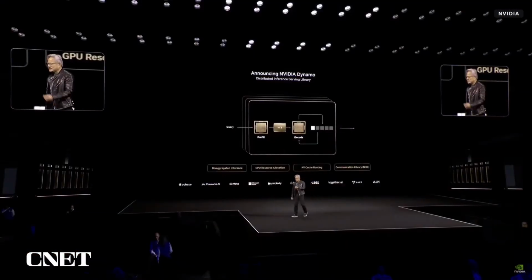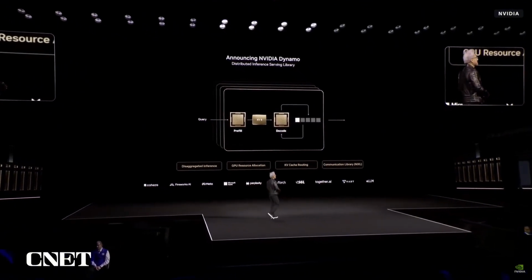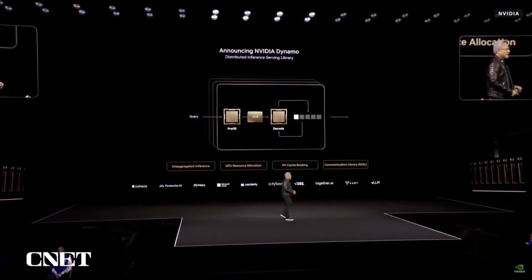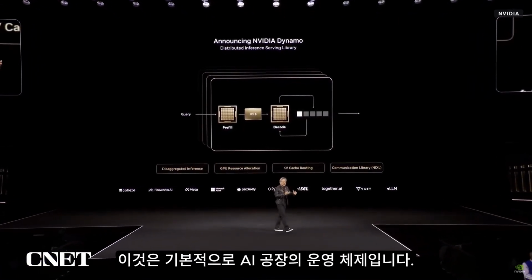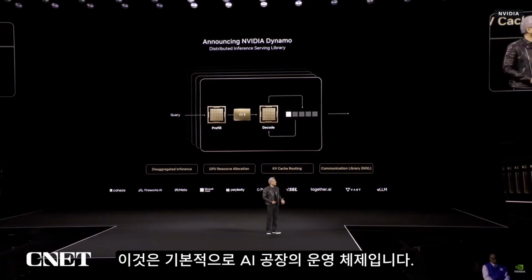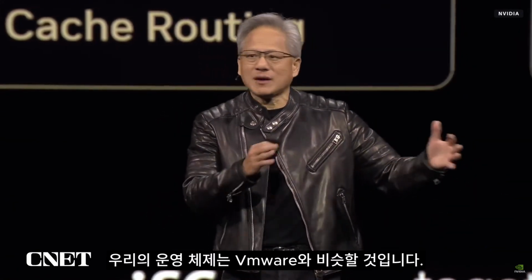Today we're announcing the Nvidia Dynamo. Nvidia Dynamo does all that. It is essentially the operating system of an AI factory. Whereas in the past, in the way that we ran data centers, our operating system would be something like VMware.